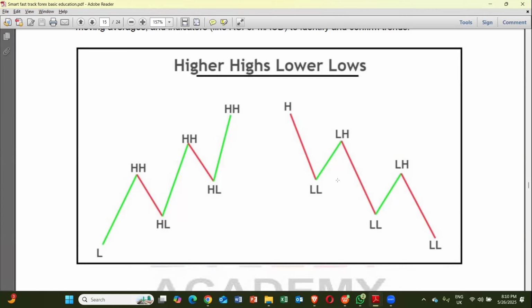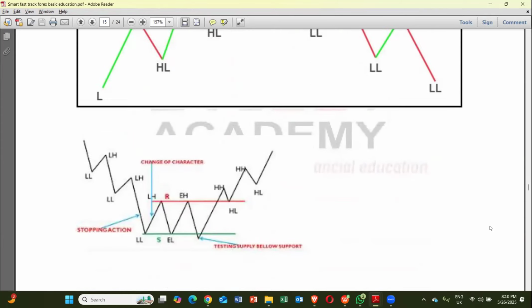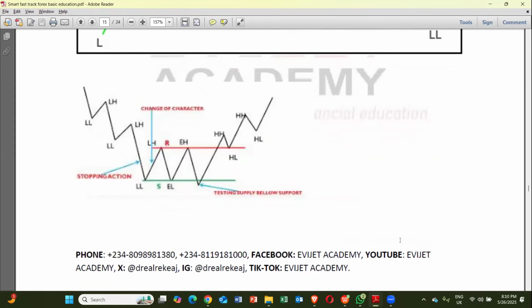All right, let's continue. You see this now shows you a change of trend. This market was coming down, forming lower low, lower high, lower low, lower high, lower low, lower high.